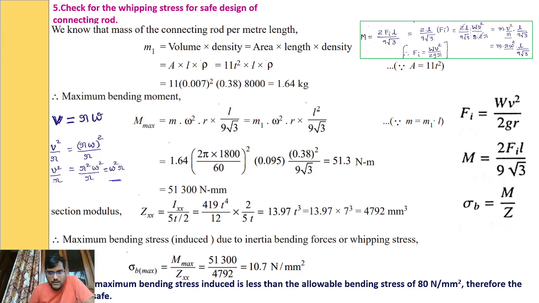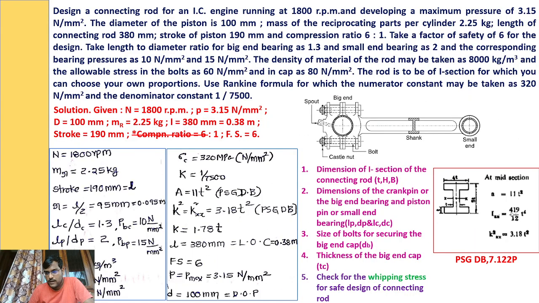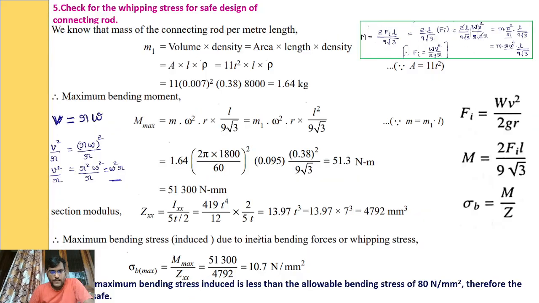As I told earlier, the I value is 419 t to the power 4 by 12. I have taken the same value here. After simplification, we'll get 13.97 t cube. So this is the final.